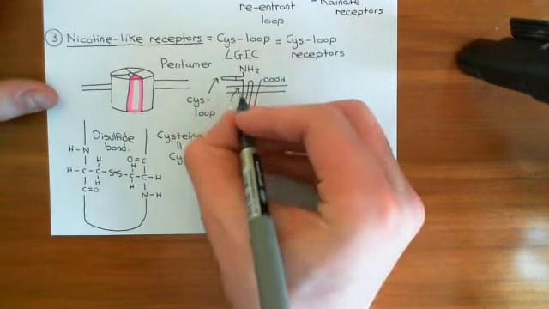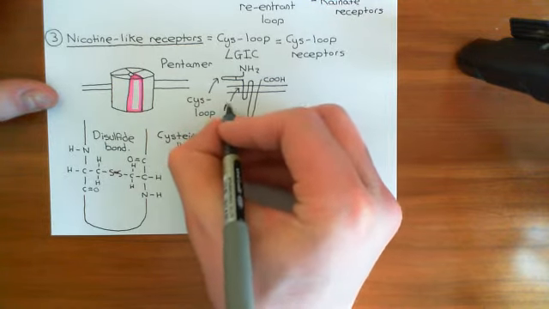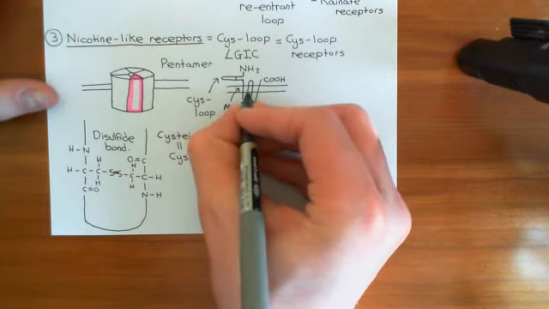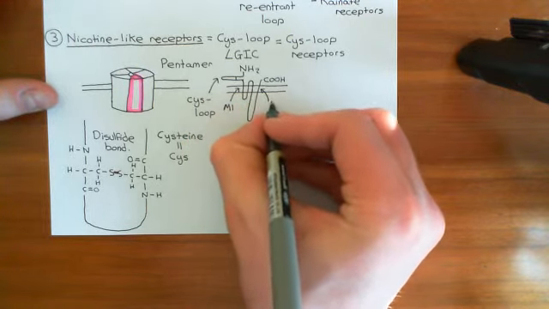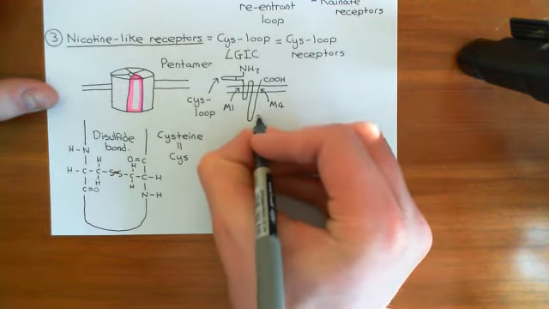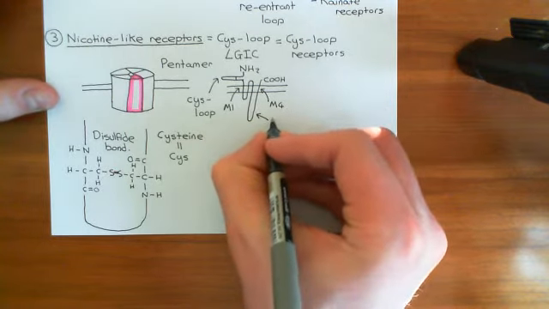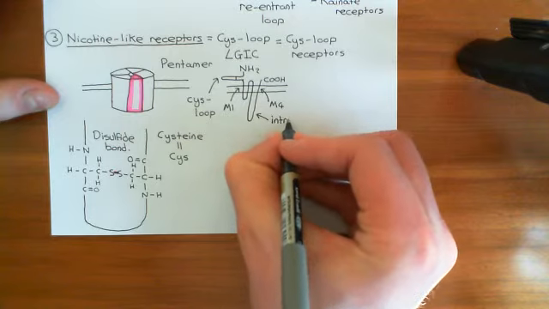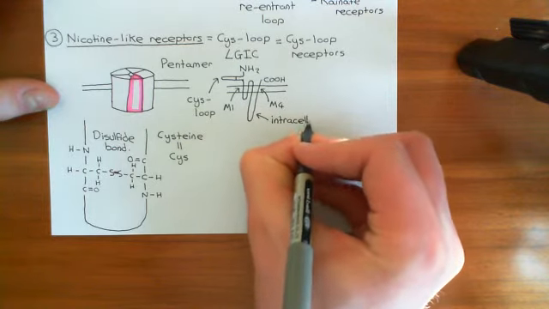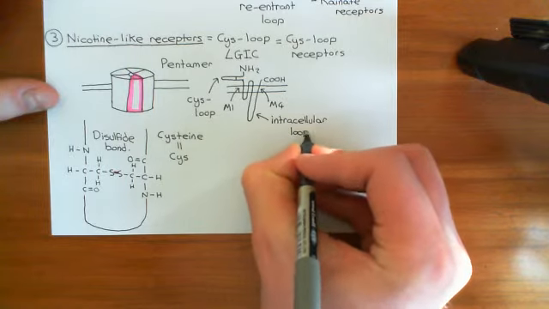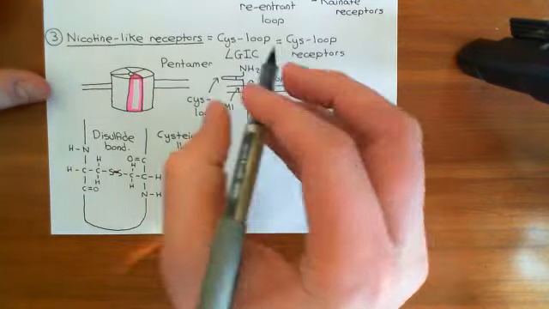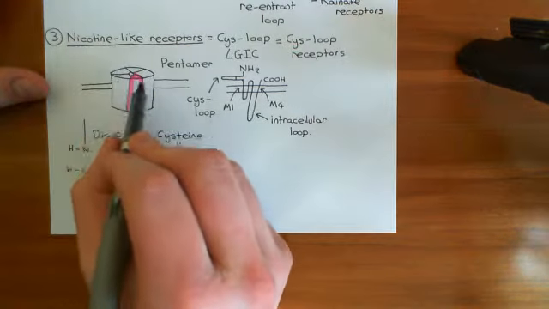Okay, so these membrane-spanning alpha helices are labelled M1, M2, M3, M4, so it goes through M1 to M4. Okay, and this large loop between M3 and M4 is known as the intracellular loop.